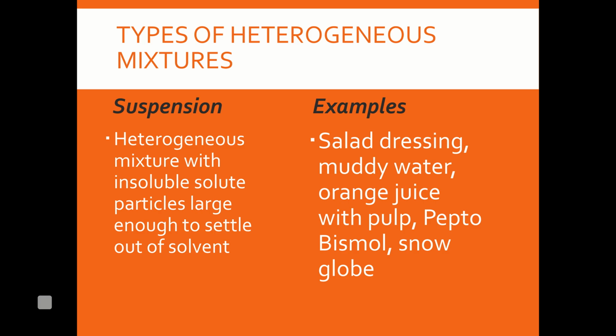You can stir it for a minute, but they will never really dissolve into the liquid, and you will have the two things separate. Anything you have to shake up would be a suspension because you're trying to distribute it throughout the whole mixture, like orange juice with pulp, where the pulp might be settled on the bottom, or a lot of it might be floating at the top. But you know what I mean with that.